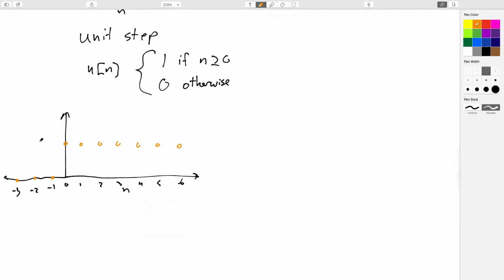And the unit step, of course, is at 0, and then it has an amplitude of 1 starting at time step 0. And we can delay unit steps just like we can delay unit samples. So if we have u of n minus 2, for example, what do we think a plot of that's going to look like? It'll just be a unit step delayed by 2. But we can verify that, so we put our time steps down.